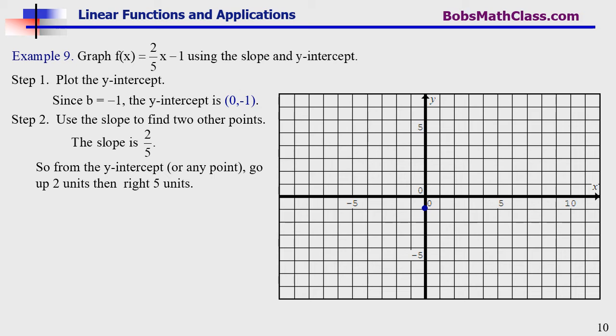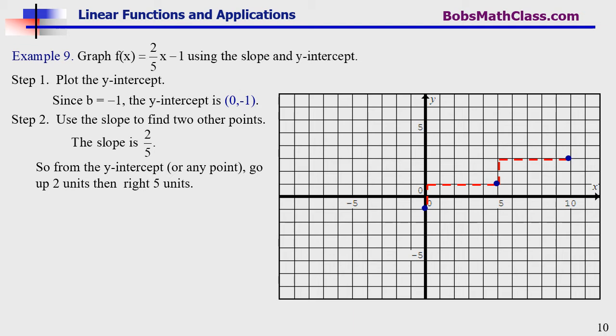Now you could also change that to -2 over -5, which means down 2, left 5. But we'll first start with up 2, right 5. So you go up 2, right 5, put a point. Up 2, right 5, put another point. So we have points at (5, 1) and (10, 3).